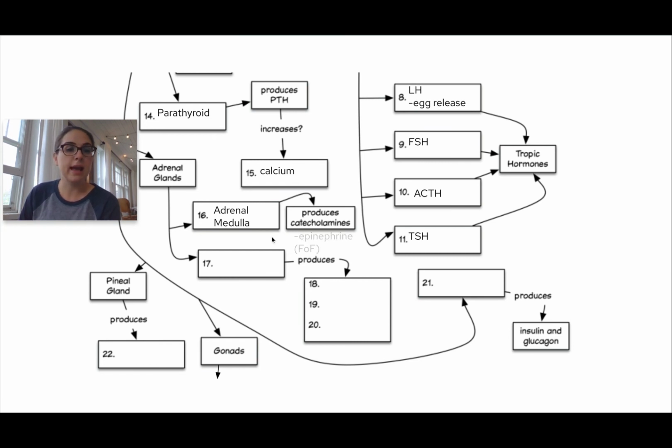This is the one that has the epinephrine and norepinephrine, called catecholamines. And then you have your adrenal cortex, which is the outer portion. The hormones it produces are aldosterone, cortisol, and testosterone. These are all steroids.